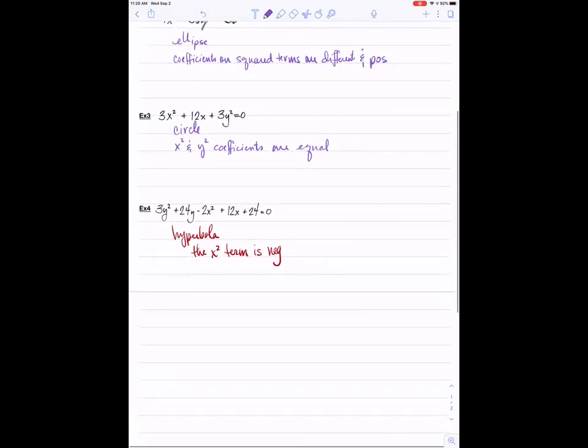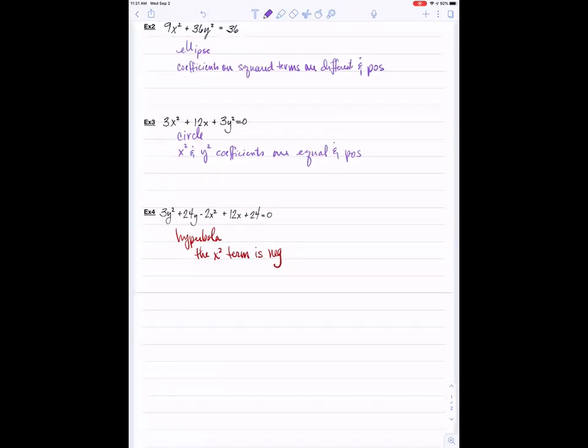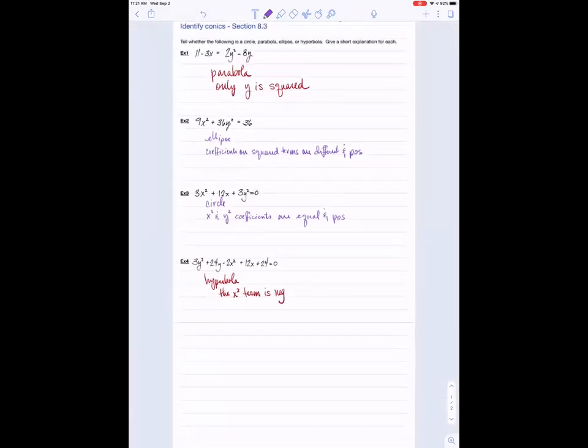On the circle, coefficients on the squared terms are equal and positive. So I need to have both pieces of information to be able to say it's a circle or to be able to say it's an ellipse. Any questions on that? Okay.